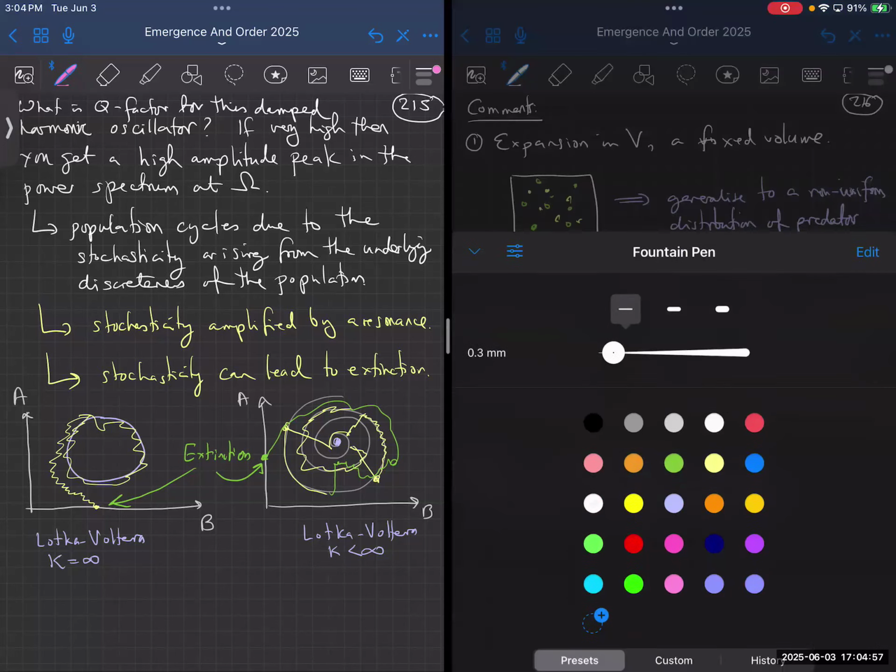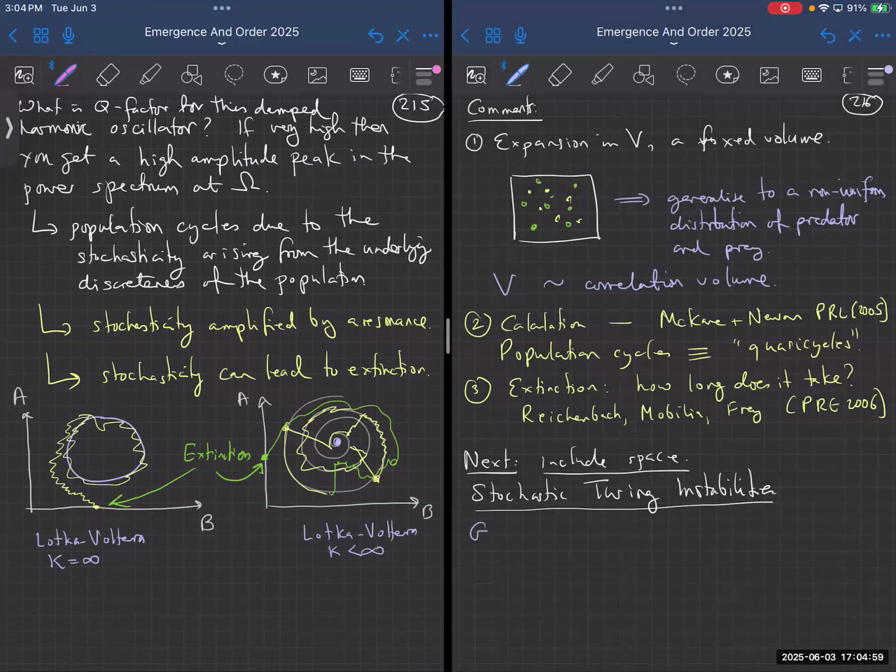And so my goal in this section is, first of all, to review the intuition of Turing patterns.